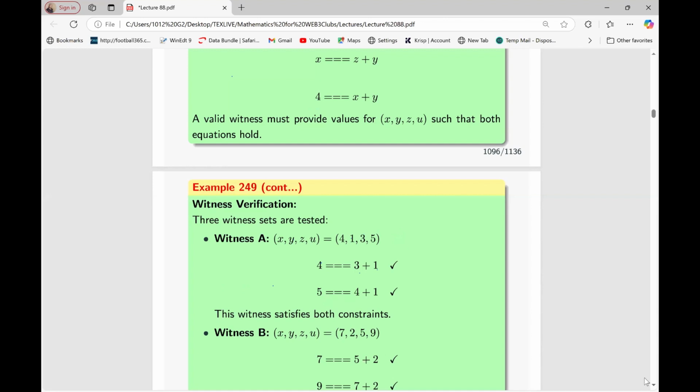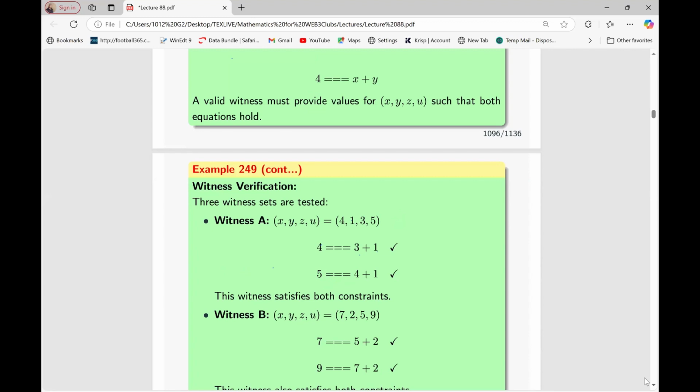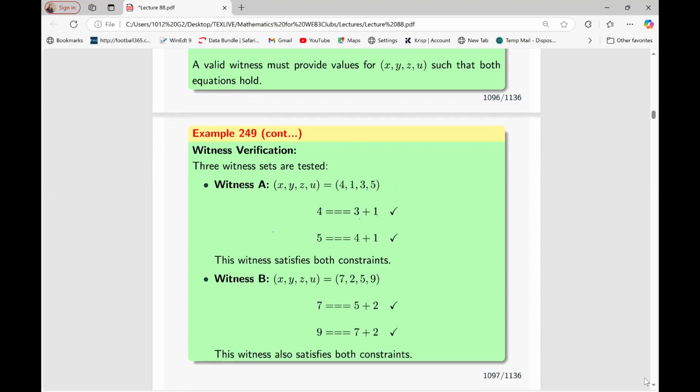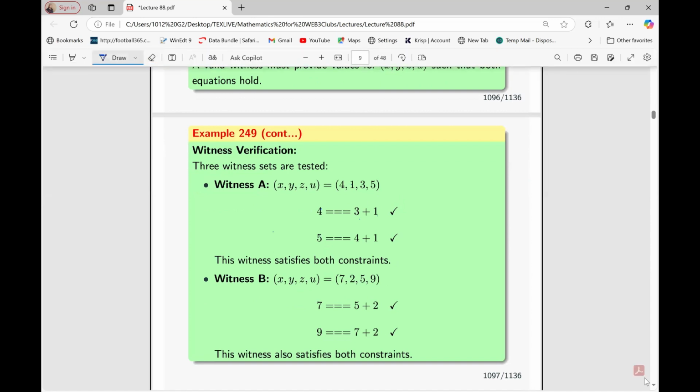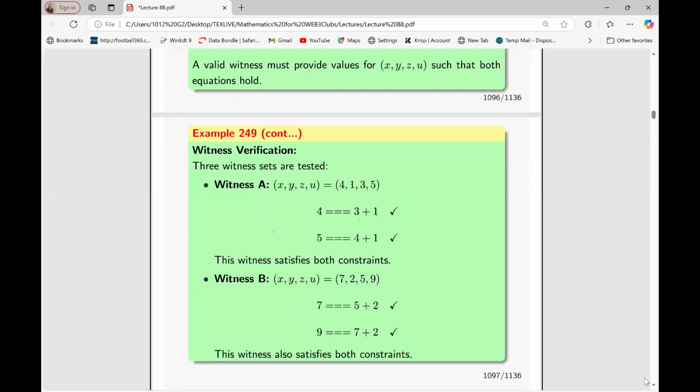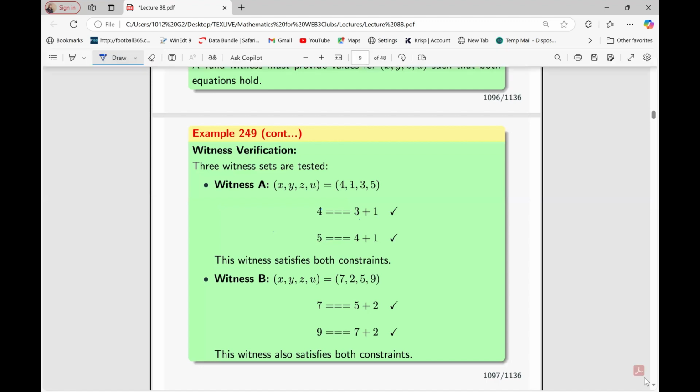So then he provides another witness again, and it is upon you now as the verifier to check whether the witness is correct. Let's again recall the constraints.